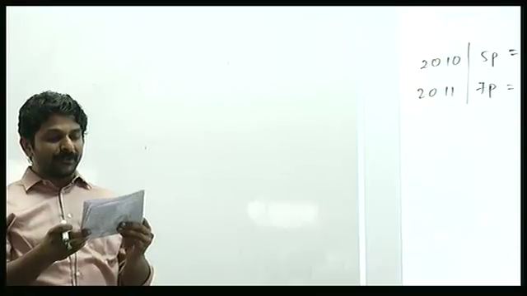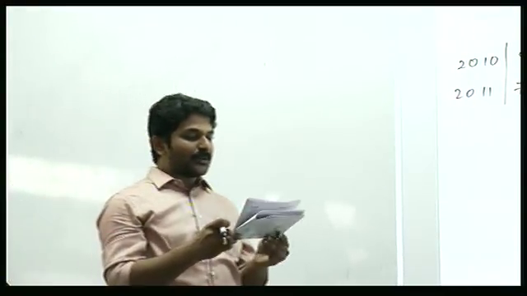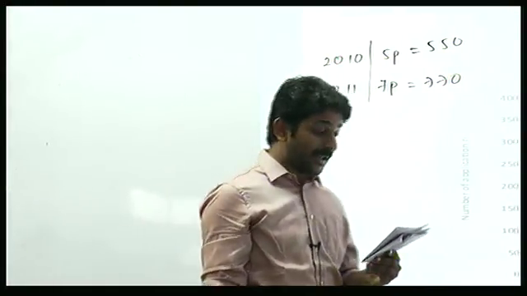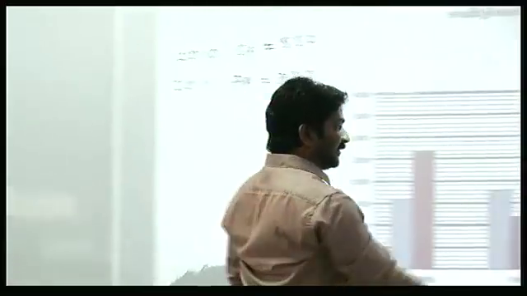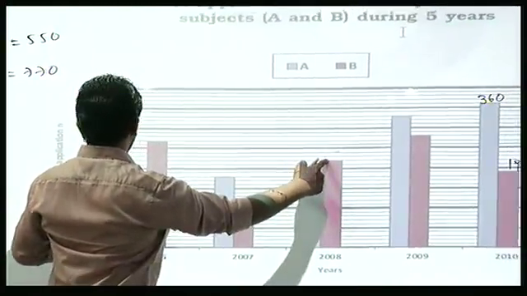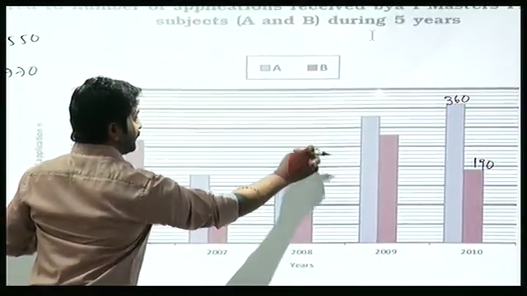What was the total number of international students for subjects A and B together in 2008? In 2008, 40% of applications received for subject A. 2008, subject A, how many are there? 150 here, and this is 220.